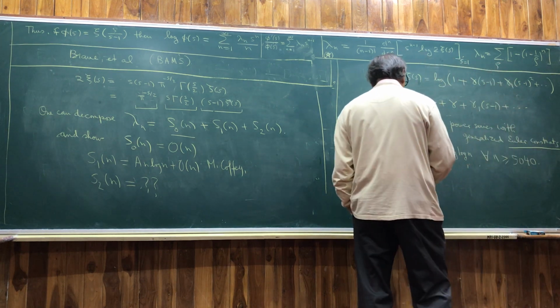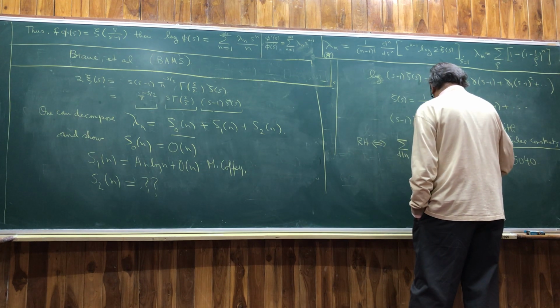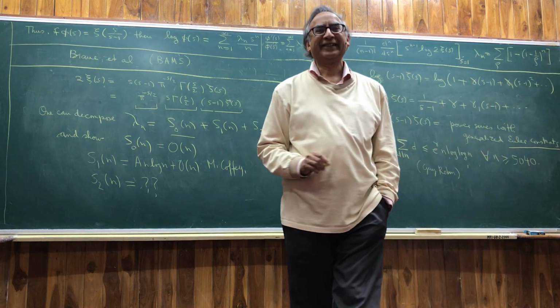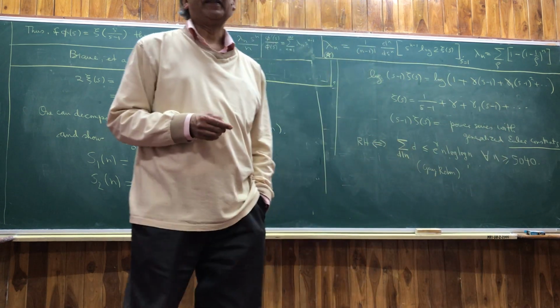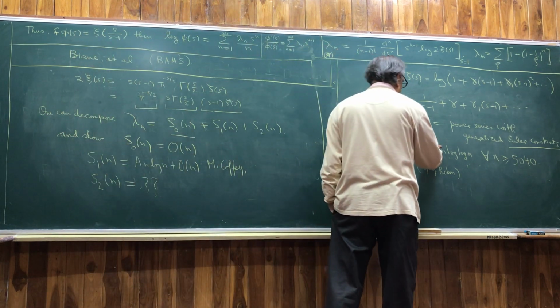This is due to Guy Robin. Not Robin, Guy Robin, okay? That's how you pronounce the French name. So this is Euler's constant, and this is n log log n.